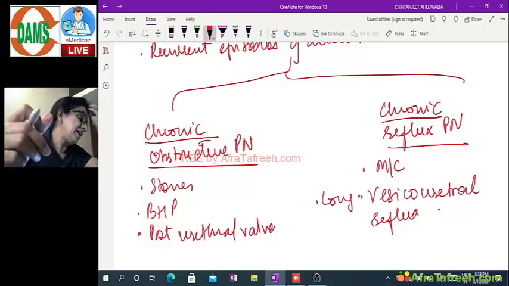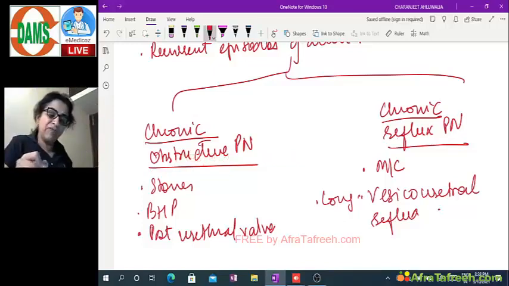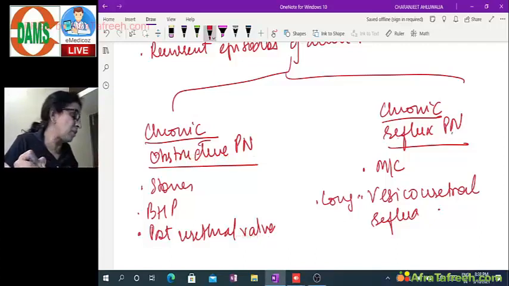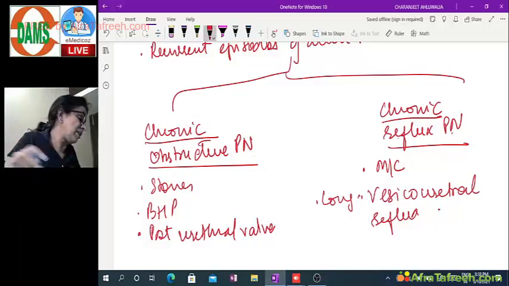That is called chronic reflux pyelonephritis. So chronic pyelonephritis can be due to obstruction, called chronic obstructive pyelonephritis, or chronic reflux pyelonephritis, which is due to congenital vesico-ureteral reflux.